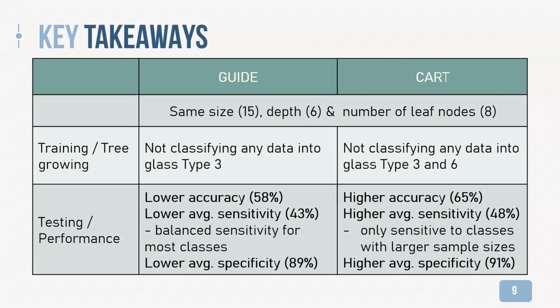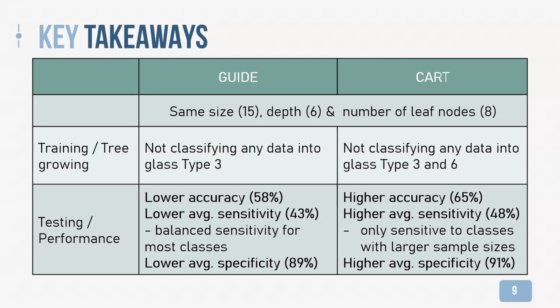You have to really think about the algorithm, and also notice important things. I think you noticed very important things here, where CART is not classifying any data into class type 3 and 6. So it's already biased. It's actually known already that CART is biased against the classes with small sample size. It's biased towards the majority class.